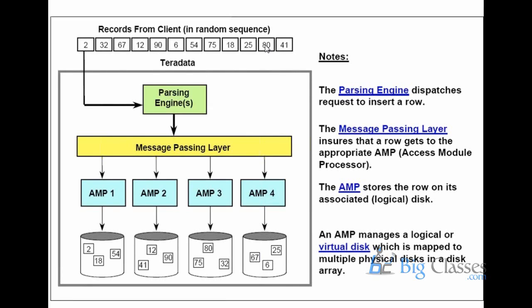We will see what algorithms are involved in the distribution mechanism, and how exactly each and every row gets distributed across the AMPs, in the class on storage and retrieval of data, along with the additional parameters used while storing the data.